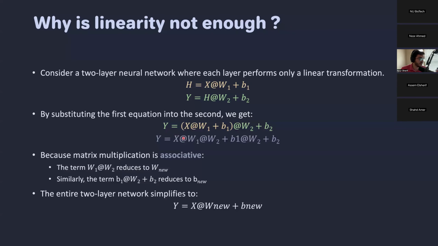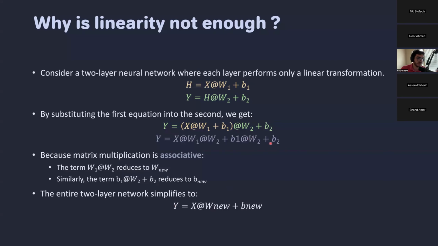So this essentially means that this term, x times w1 times w2, can reduce to being x times w new. We call it w new, meaning that we just took these two matrices of weights, multiplied them, and got a new set of weights. And this now becomes the set of weights that we need to multiply by x to get to the y.